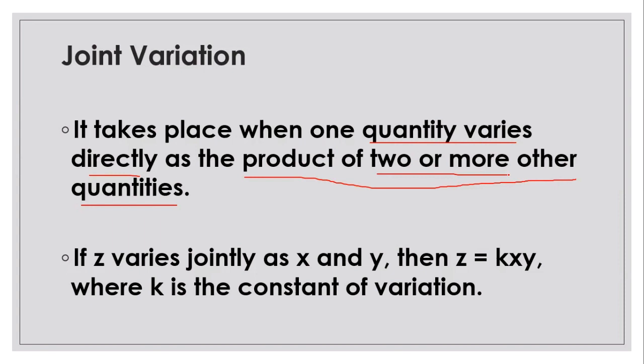Kapag nakakita kayo ng dalawa or higit pang quantities doon sa isang variation, tinatawag siyang joint variation. If z varies jointly as x and y, then our mathematical equation from this mathematical phrase or sentence, z varies jointly as x and y, so we have z is equal to kxy. So don't forget the constant k.